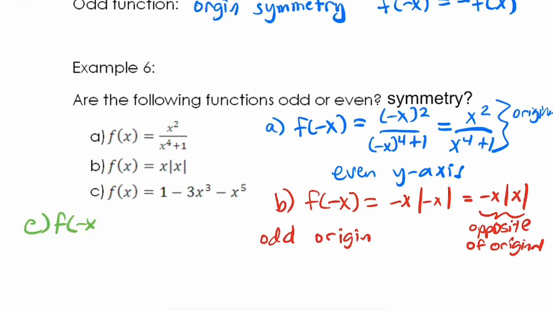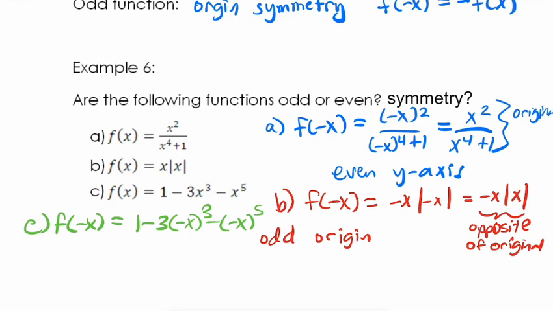So we're going to stick in negative x. We're going to see what happens. Put your negatives in parentheses, especially if there was a power on it. Now let's remember our rules of negatives. If you have a negative inside of a power that is odd, it's going to become a negative.